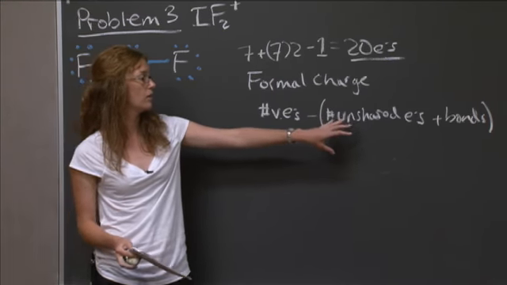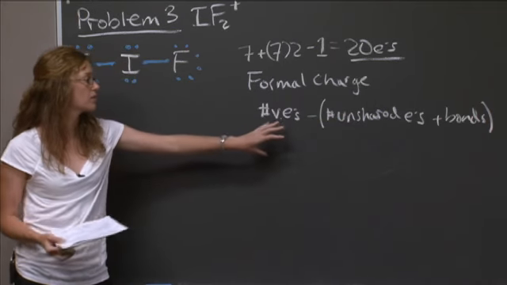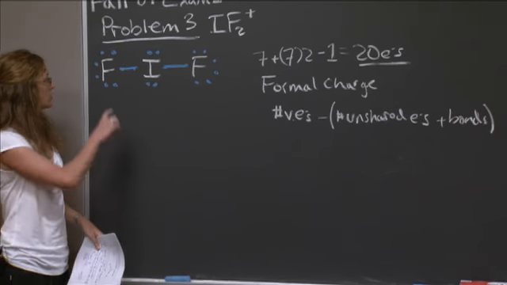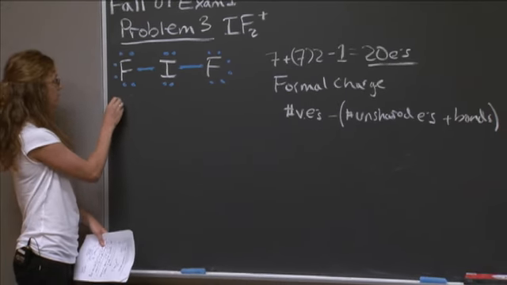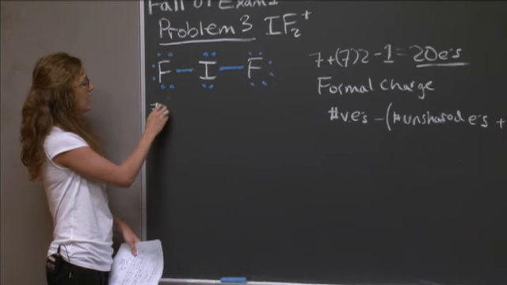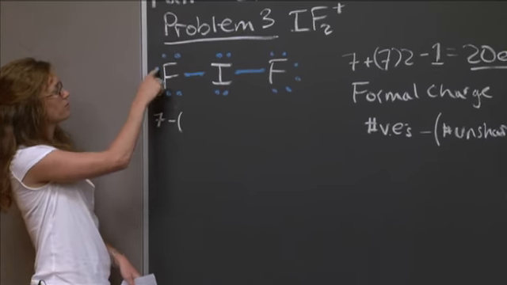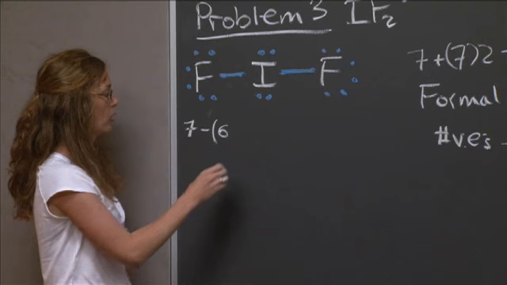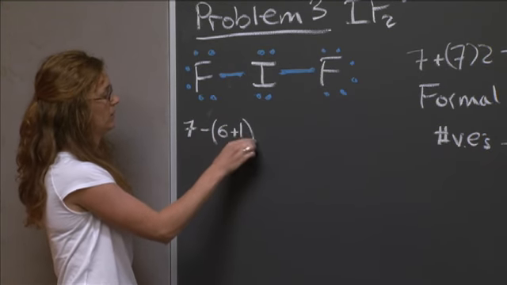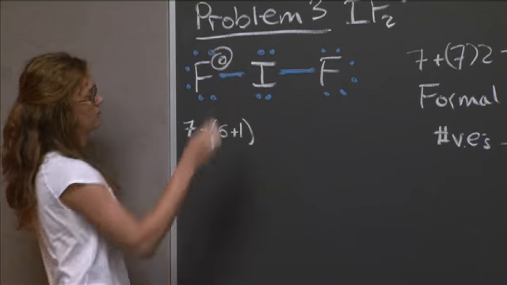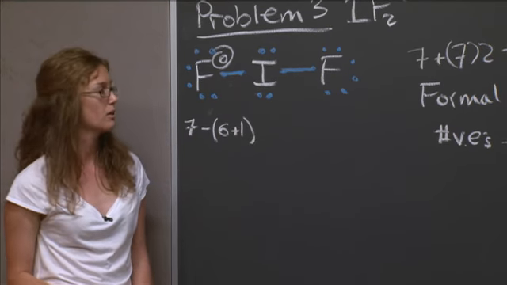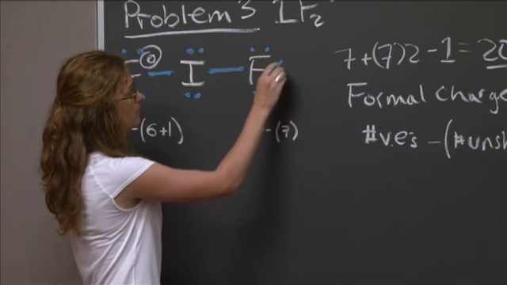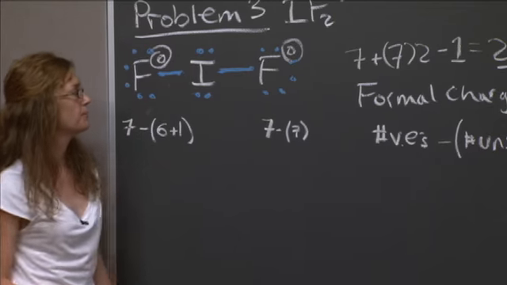So this sum subtracted from the valence electrons will give us the formal charge. Looking at the fluorines, we have 7 valence electrons. We have 1, 2, 3, 4, 5, 6 unshared electrons, and 1 bond to the iodine. That gives us a formal charge of 0. The same goes for the other fluorine, so that gets a formal charge of 0.